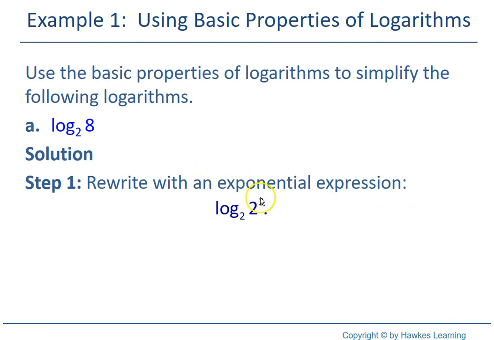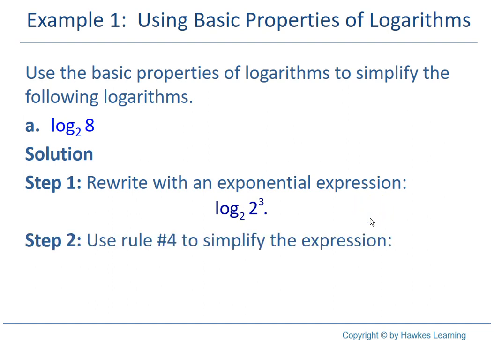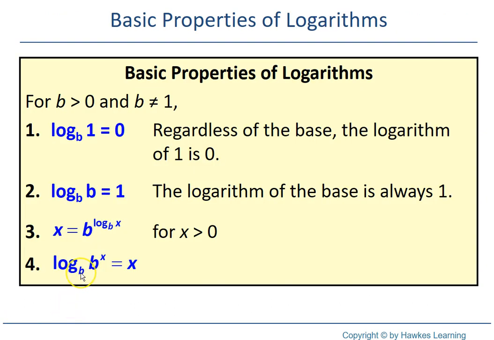So you're writing it in an exponential expression, and they're using rule number 4. So let's pause and go back to rule 4. And when the base and this is the same, then the answer is what's in the exponent position here, x equals x.